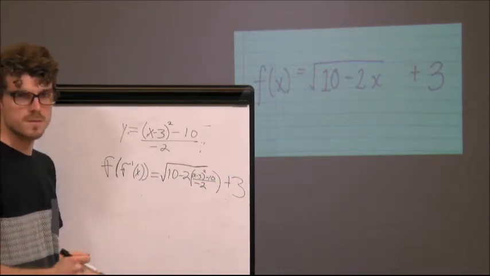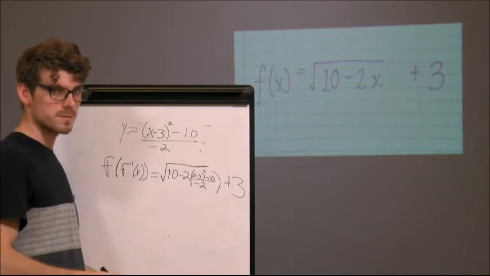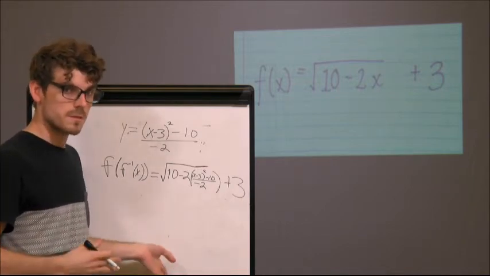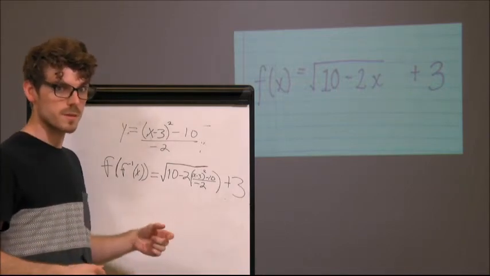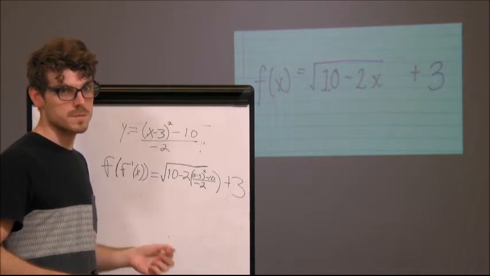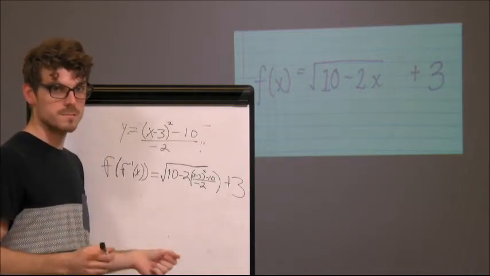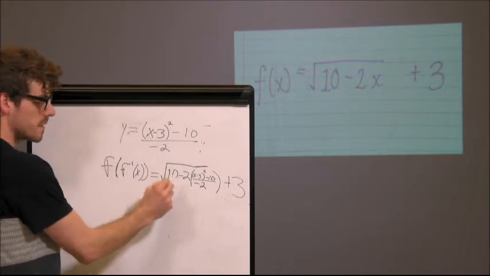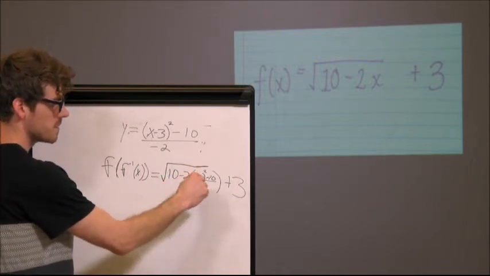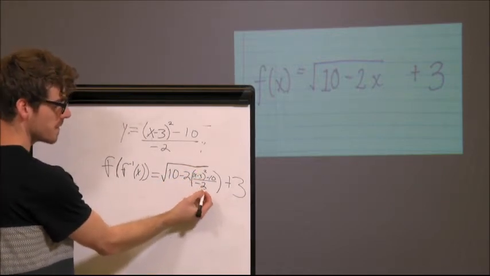Alright, so I know this can look kind of daunting at first, but if you just take a closer look, it's actually pretty easy to break it down. So first we are going to try and get rid of the fraction, and as you can see we have 10 minus 2 times all of this, which is divided by -2.